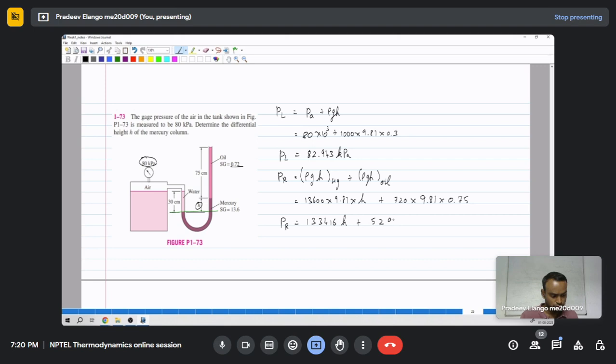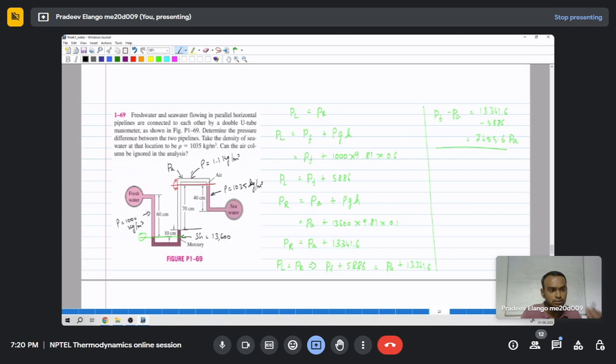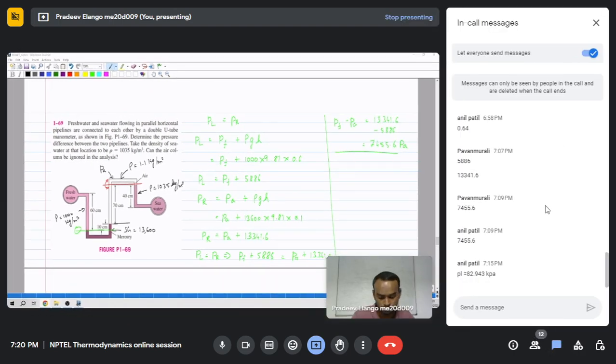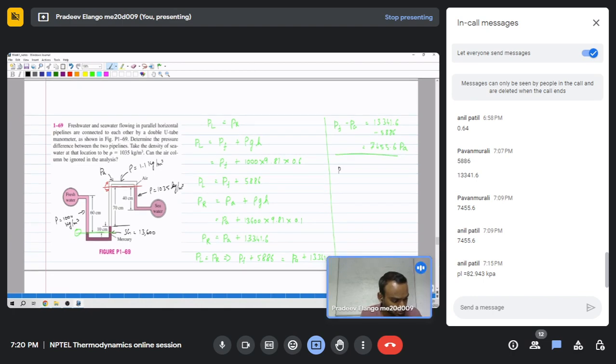Sir, in the last problem, sir. Yeah. This one? Yes, sir. Sir, PC water minus rho GH will be equal to the pressure of air, sir. PC water minus rho of seawater into the height of 40 centimeters, right?